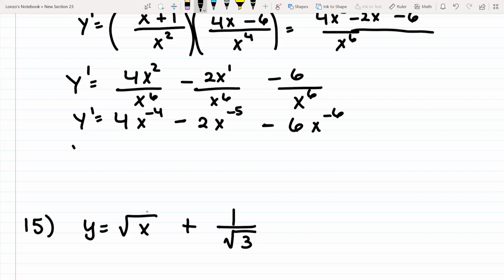Then I just apply the power rule. So this would be the derivative of 4x to the -4, which is -16x to the -5. The derivative of -2x to the -5 is +10x to the -6. The derivative of -6x to the -6 is +36x to the -7.